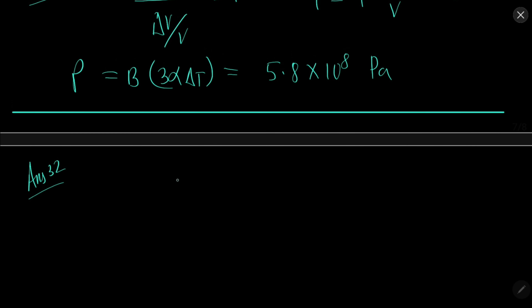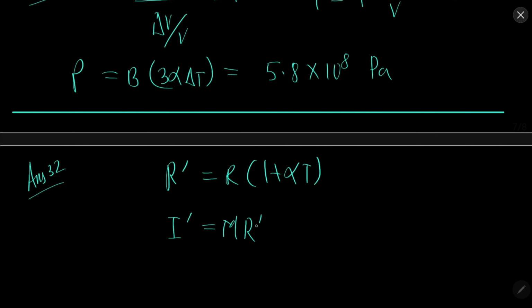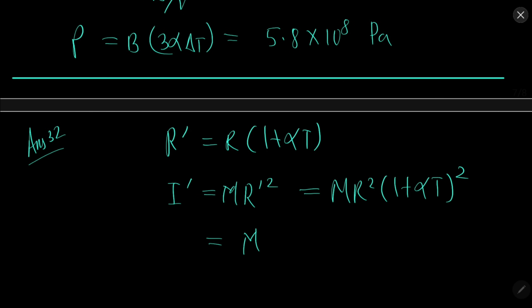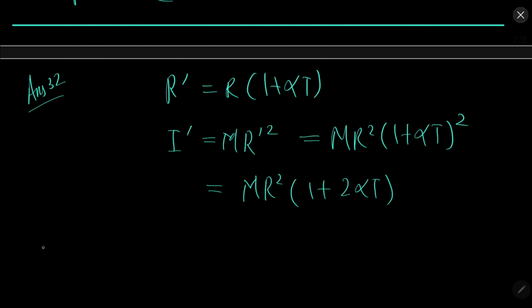Let the radius of gyration be this much, and the moment of inertia at temperature t is m r square, 1 plus alpha t square, m r square, 1 plus 2 alpha t for approximation. So we prove this, that I dash equals I naught 1 plus 2 alpha t.